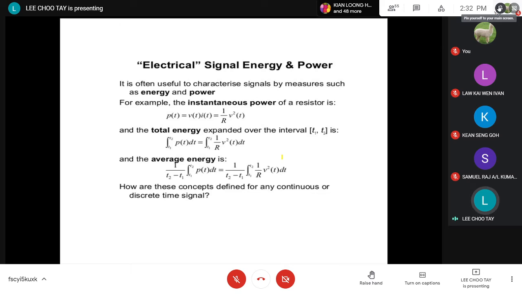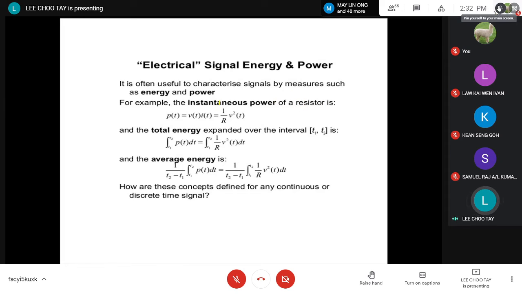Okay, next thing is about the signal energy and power. So how do we measure the energy and the power of a signal? If we have a signal, let's say passing through a resistor, and normally our load is resistive, right? So we can represent the load by a resistor.